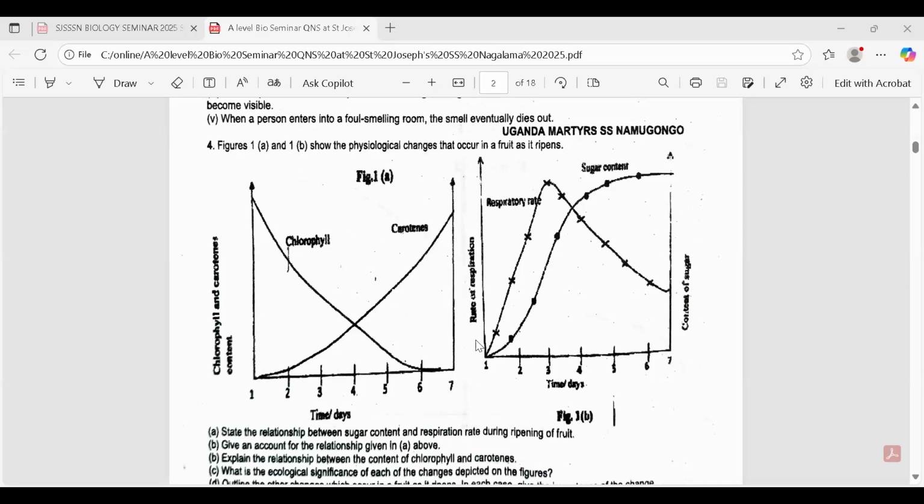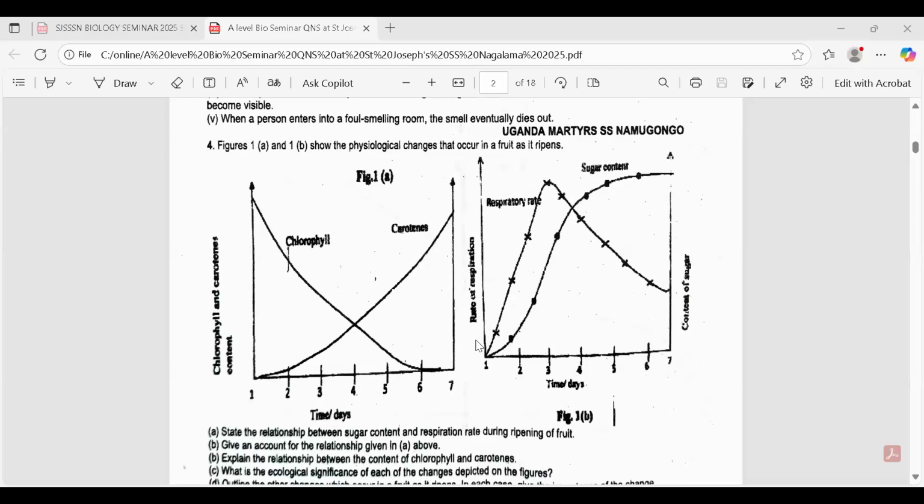And then explain the relationship between the content of chlorophyll and, here we have the two graphs actually. Oh, sorry. In B we are describing figure 1B. You see the respiratory rate here.